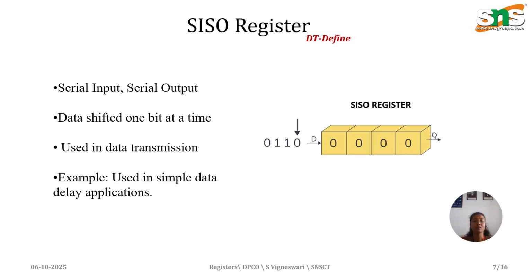One bit is moved per clock pulse, and at the output side also only one bit is let out per clock pulse. So SISO is a register where data is shifted one bit at a time and the output is also obtained one bit at a time.